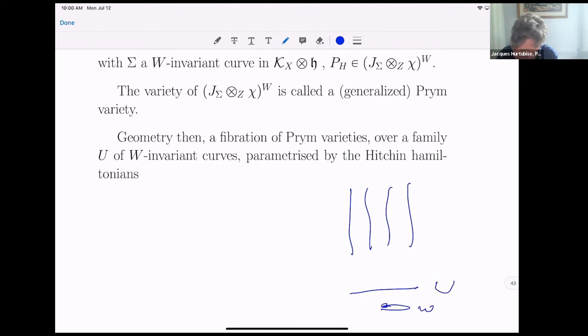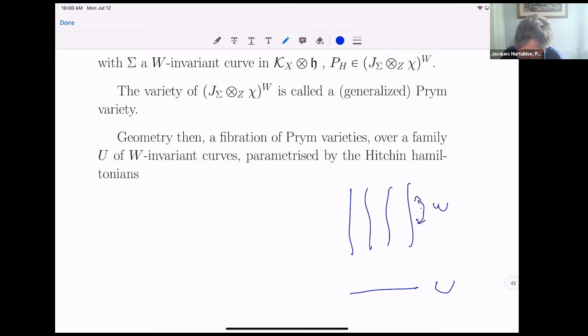So, sorry, on the base, the action is trivial, excuse me. So it's a family of curves, but you've got an action on the fibers of W.